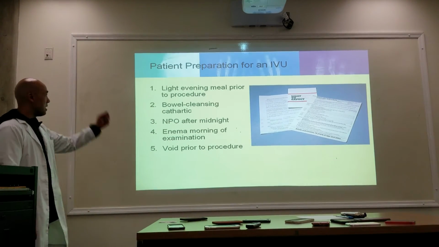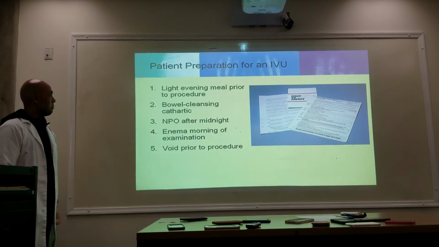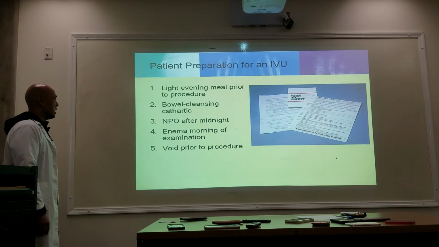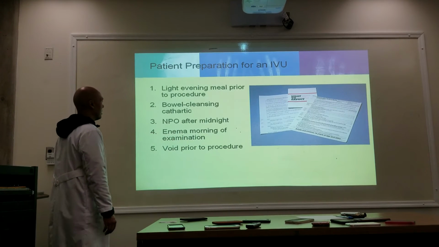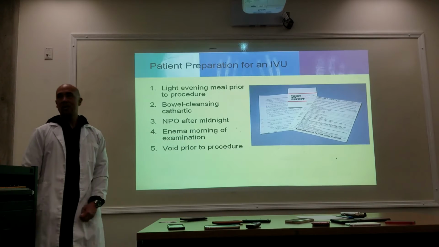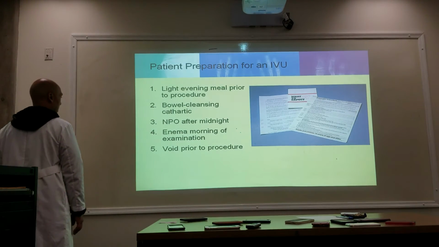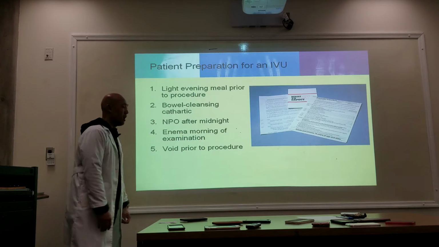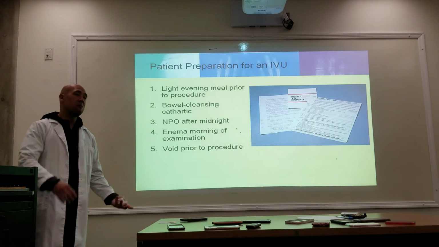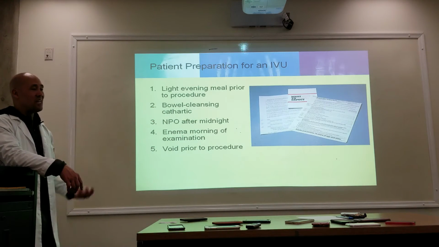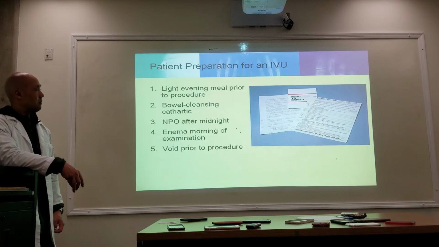So light evening meal before the procedure, you're going to be taking some bowel cleansing cathartic. NPO after midnight, minimum morning of the examination, and you're going to void prior to the procedure. We want to make sure that there is no urine in the bladder. So it's the same prep as a BE.